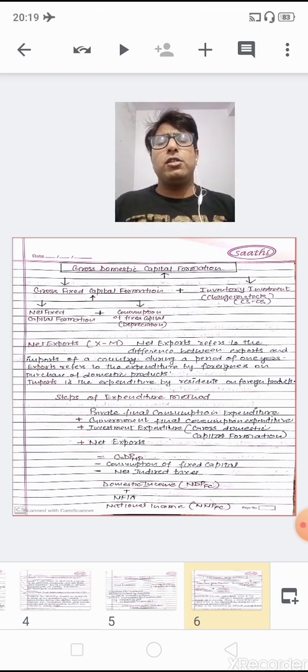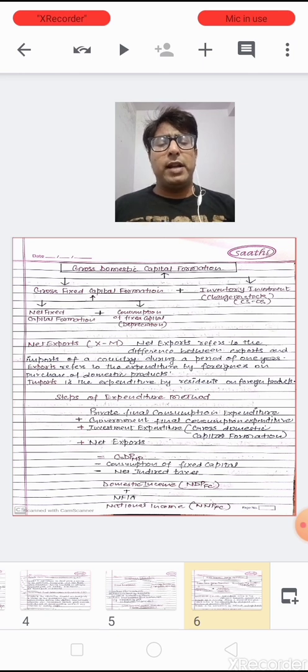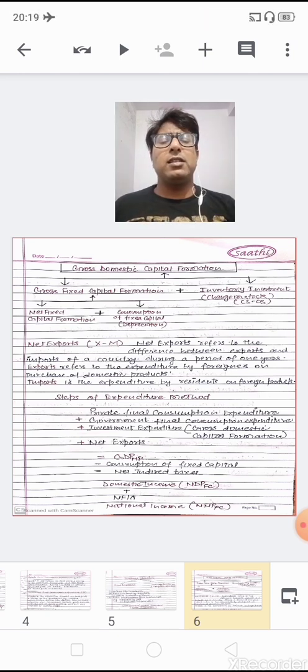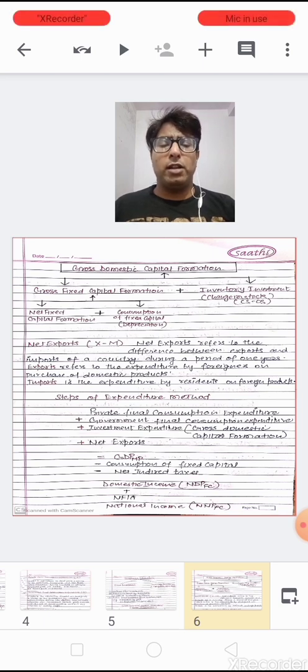Now when we are going to solve the numerical by this expenditure method, there are certain steps which we have to follow in solving numerical questions.